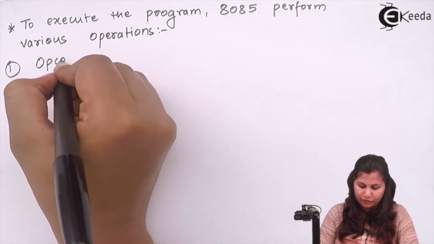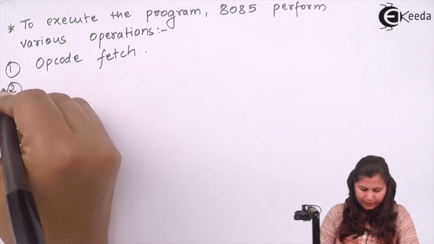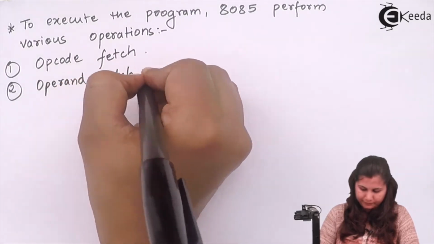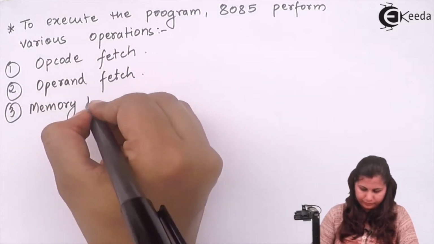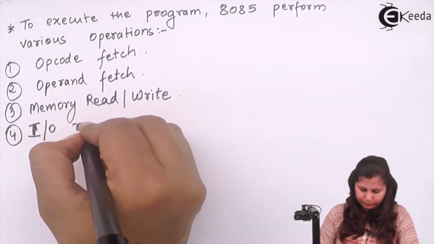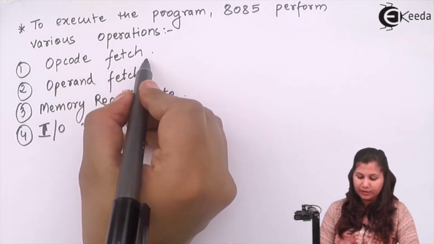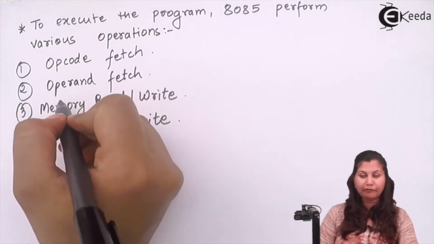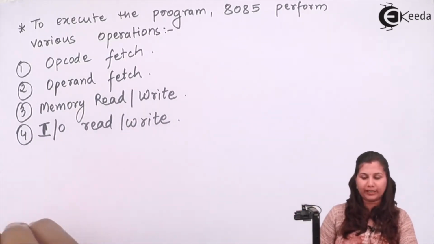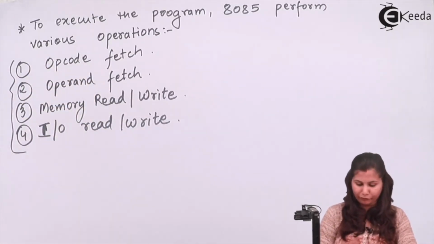First is opcode fetch. Then it has the operand fetch. So for any instruction, the microprocessor will first fetch the opcode, then it will fetch the operand, and then it will perform the memory read or write, or either input output read or write operations. So these are the various operations which the 8085 processor performs.